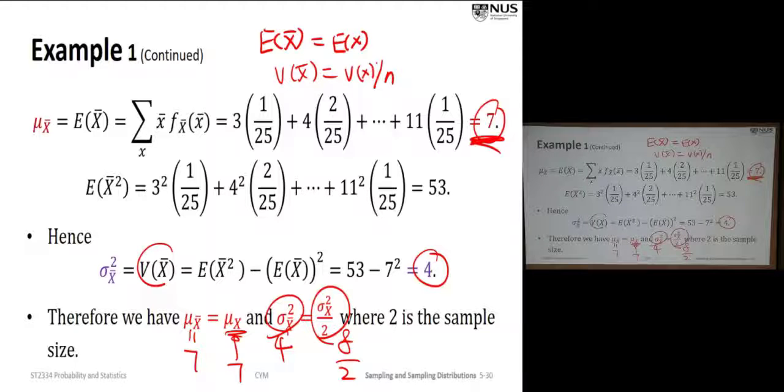If n is 1 million, then the variance of x bar is 1/1,000,000th of the variance of x. So as the sample size gets bigger and bigger, x bar will be very close to the expectation of x. The variation is so small that there is almost no variation.